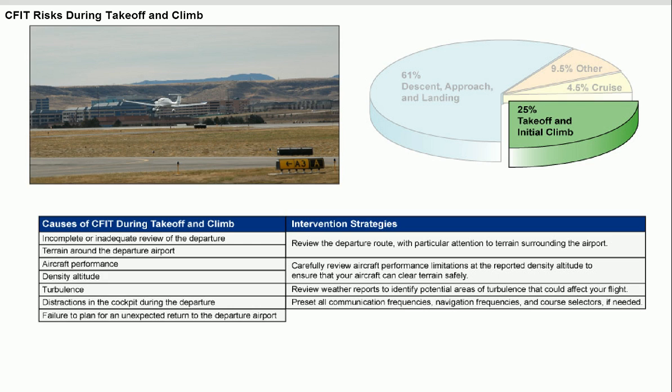Fourth, while verbalizing the takeoff briefing, preset all communication frequencies, navigation frequencies, and course selectors if needed. Doing this during the takeoff briefing helps eliminate distractions during the vertical and lateral portions of takeoff and departure. Finally, review what you would do if you had to return to the airport unexpectedly.